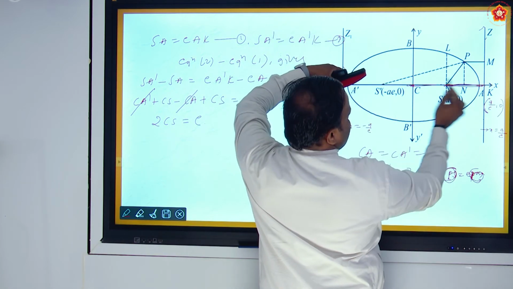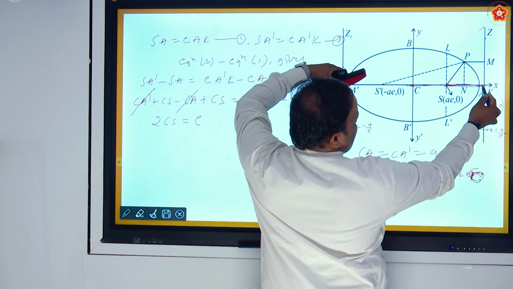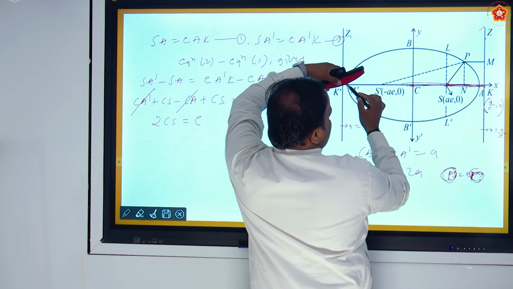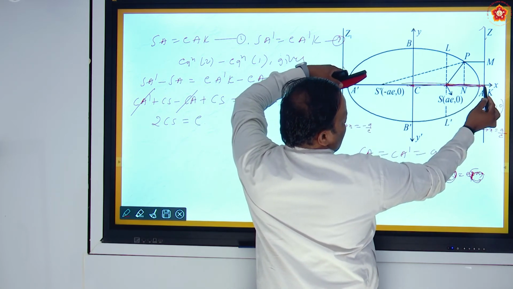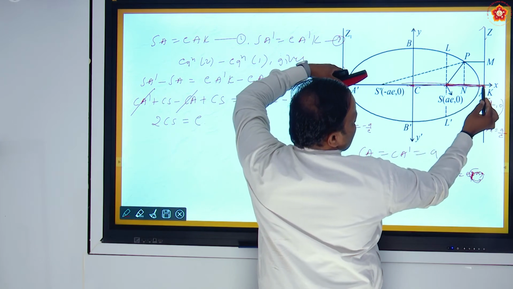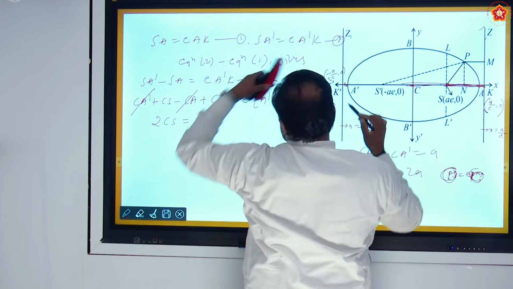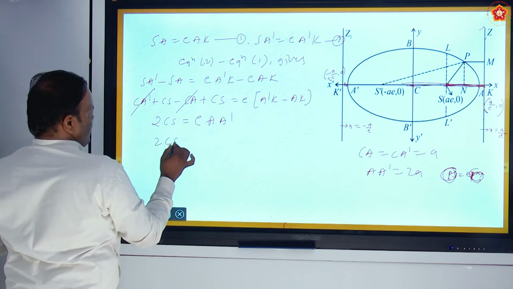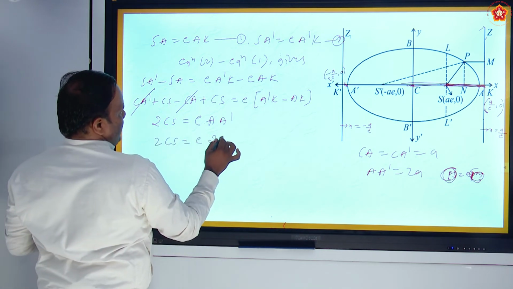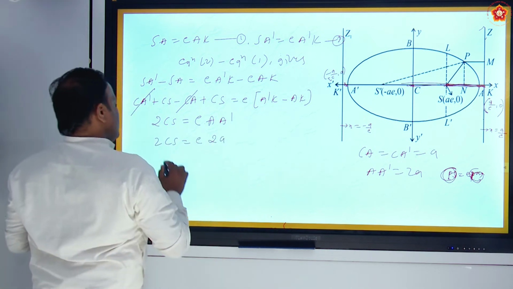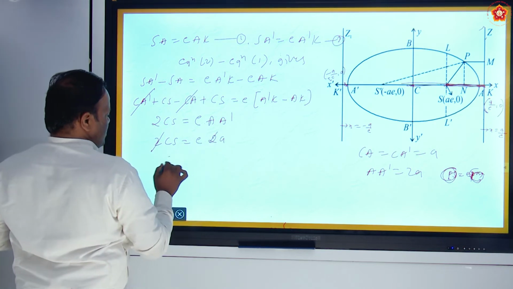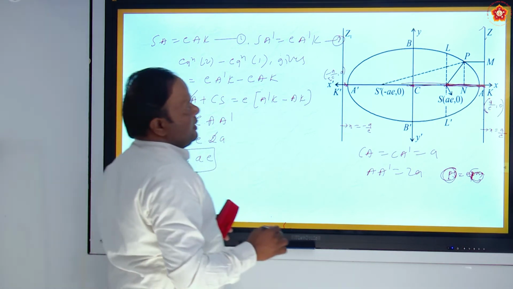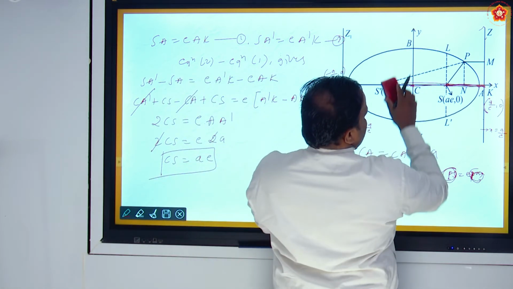Here, A dash K up to here minus AK, here to here, minus this much only, means totally A dash. This is A dash. 2CS is equal to E times A dash, and A dash is nothing but 2A. Once again 2 gets cancelled. So CS equals AE. Observe here, this length is CS.